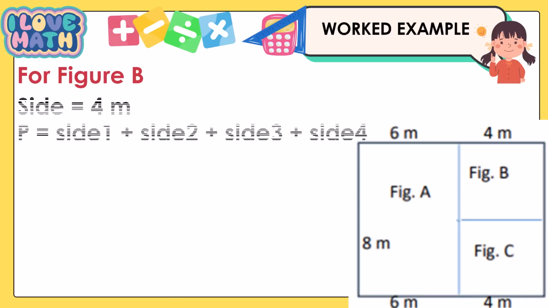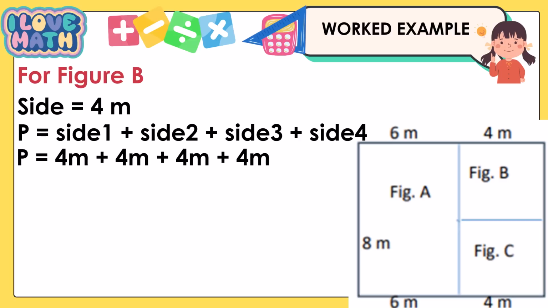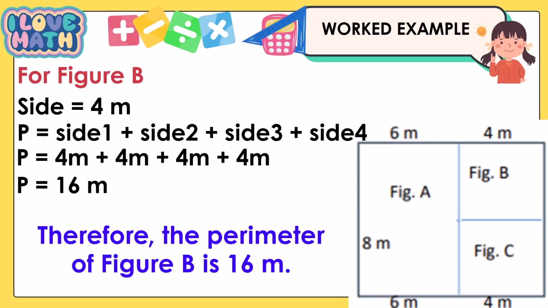For figure B, side equals 4m. P equals side 1 plus side 2 plus side 3 plus side 4. P equals 4m plus 4m plus 4m plus 4m. P equals 16m. Therefore, the perimeter of figure B is 16m.